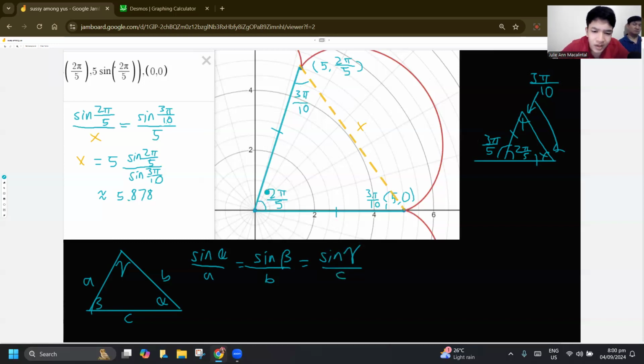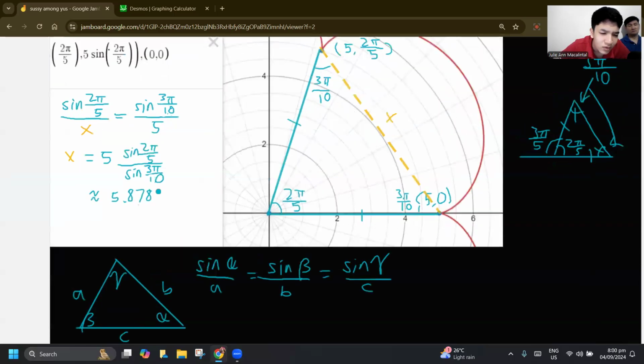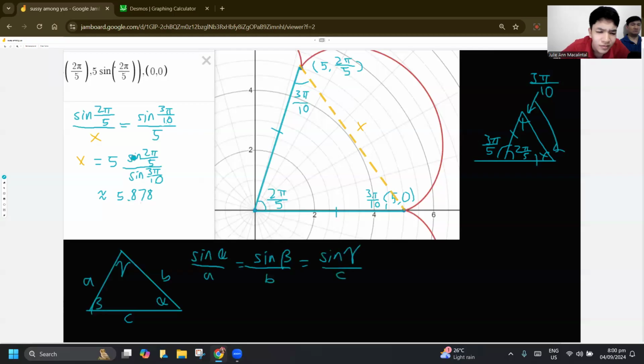There are other ways probably of doing this. Maybe you could use a straight line approach from these two points and use the distance formula, but that's not going to give an exact result. So anyway, here's the sine law.